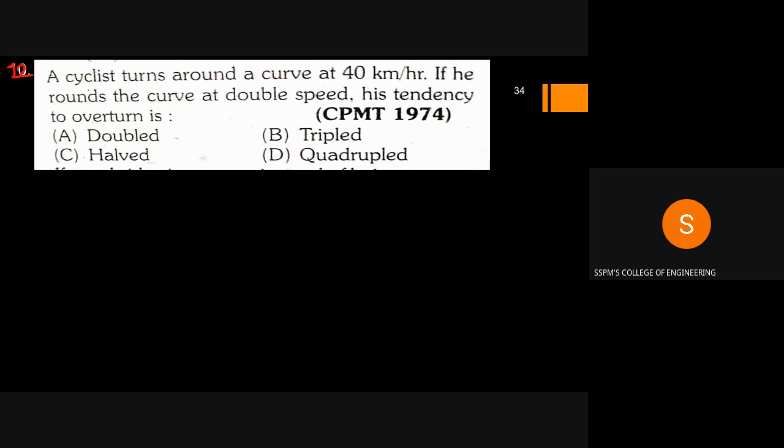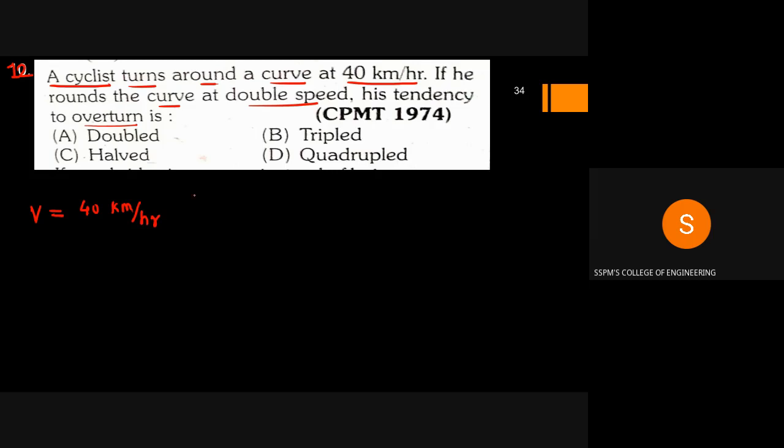Okay, now refer this next problem. A cyclist turns around a curve at 40 km per hour. So this is the speed. If he rounds the curve at double speed, his tendency to overturn. Okay, so we have to find out, it's a velocity. So velocity v is given in the problem as 40 kilometer per hour.